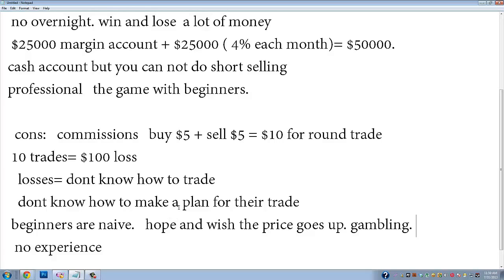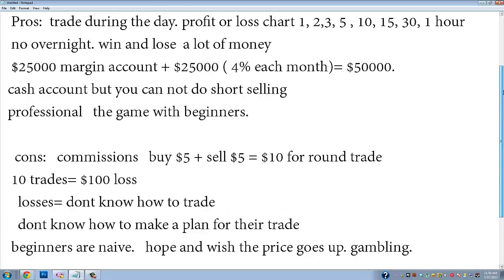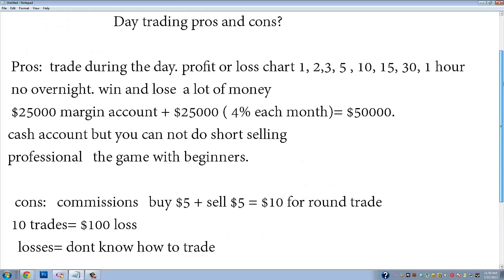If you begin to lose money, you should have what you call a stop loss, and you exit the trade very quickly before you have a very large loss.